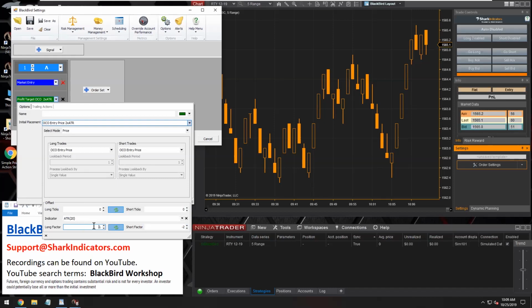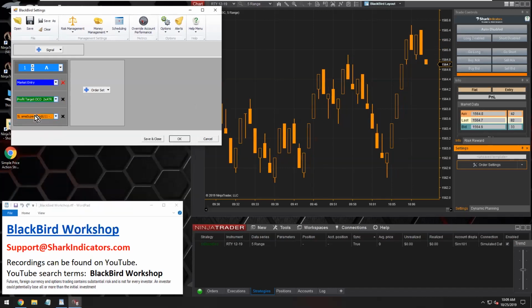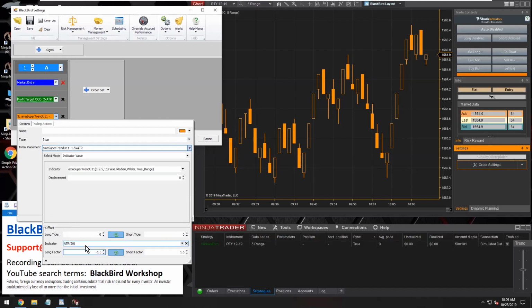Our profit target has a value of 2, and our stop loss here is 1.5, so we have a 1.5 to 2 ratio. If you're using an indicator up here in the indicator value section, that indicator would need to be adjusted to provide the offset distance such as an ATR provides.